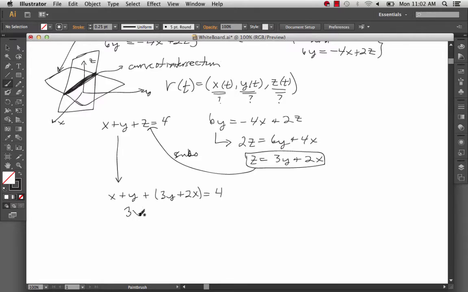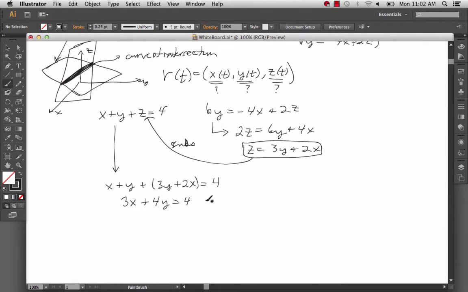So this is 3x plus 4y is equal to 4. Then you could solve this for one of the variables. Typically we're used to solving for y. You don't have to, you could solve for x, but why don't we do that? That will give you 4y is equal to 4 minus 3x, and y is equal to 1 minus 3/4 x.